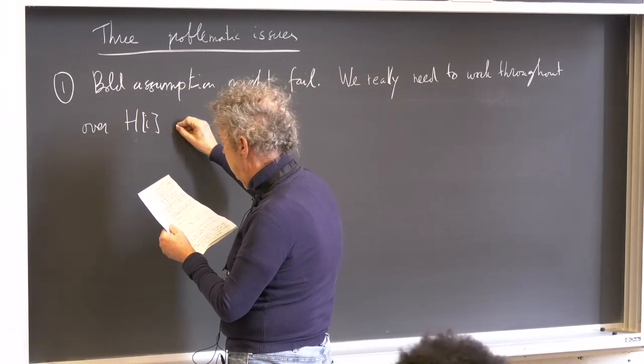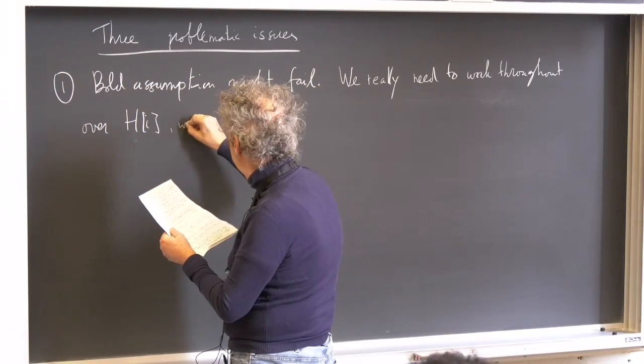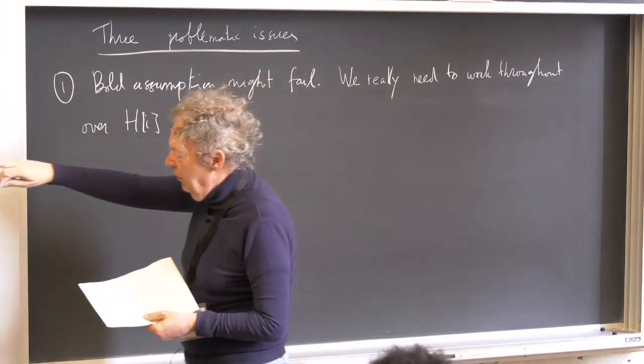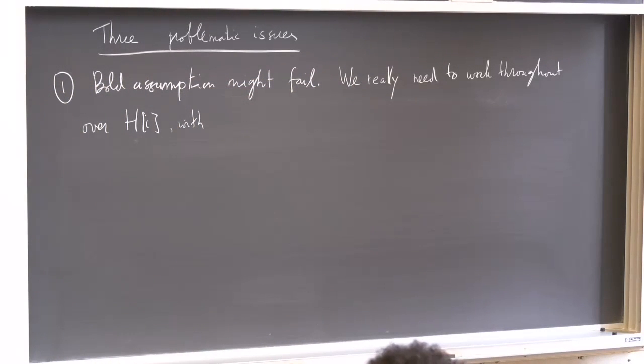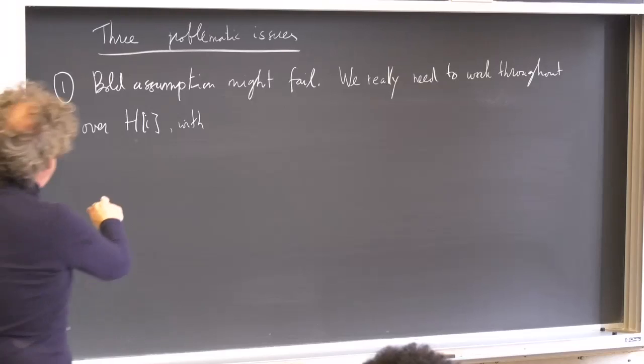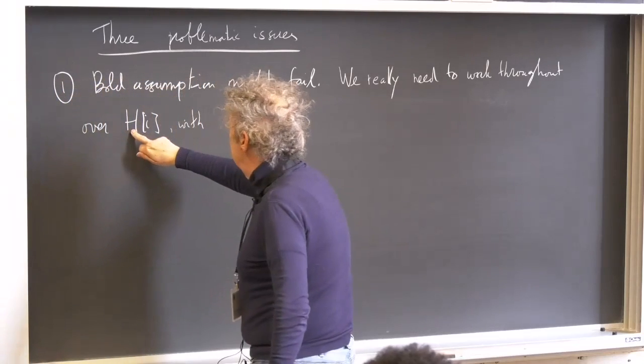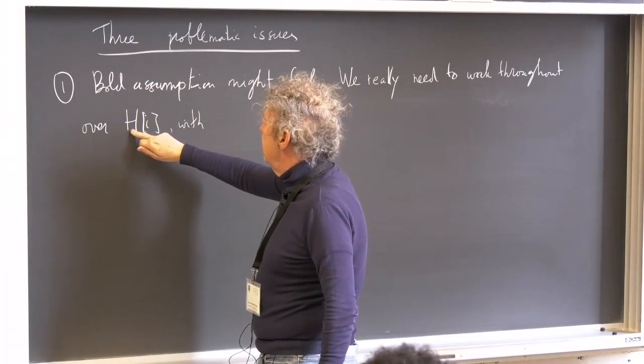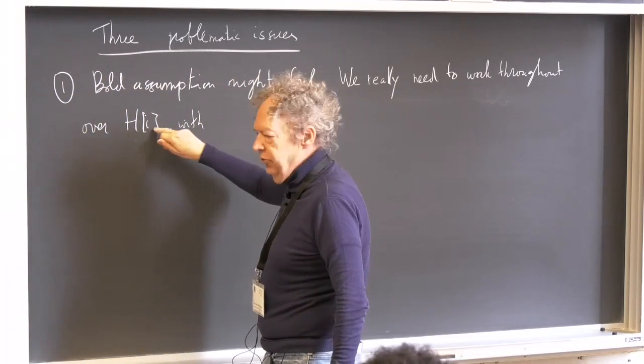Over H[i], and then with minimal holes, really we have to work throughout with holes over H[i]. Right here we fix the hole. One thing is, H is not Newtonian is equivalent to H[i] being not Newtonian.